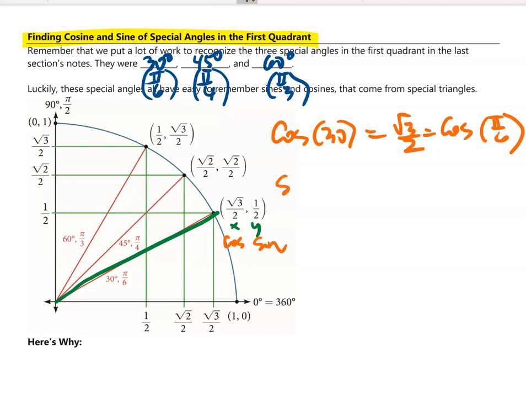Same thing, we can say that sine of 30 degrees is the y value, which is equal to 1/2, and that is the same thing as sine of pi over 6.